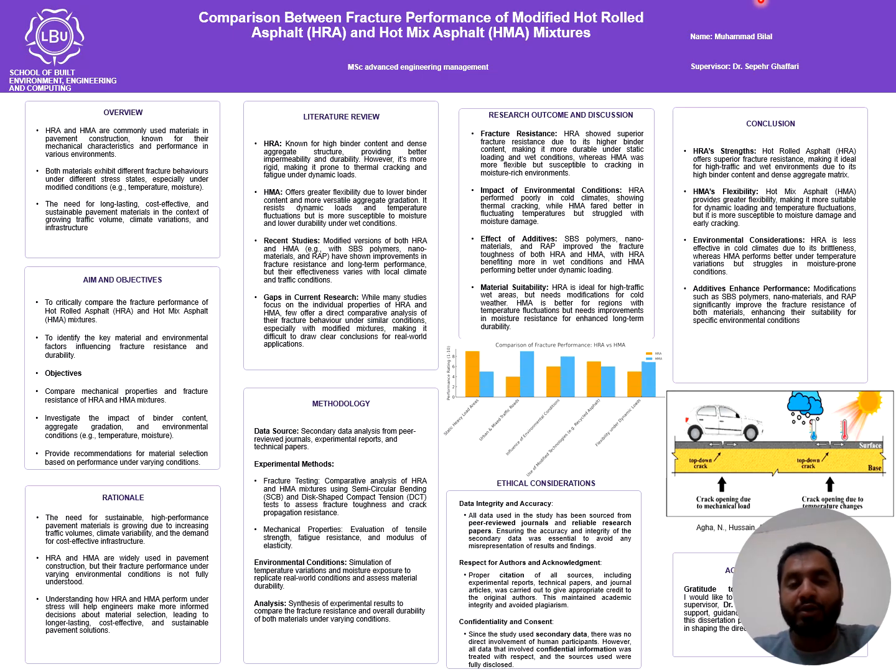All sources, including journals, reports, and technical papers, were properly cited to respect the original authors and maintain academic integrity. Finally, since only secondary data was used, there was no direct involvement of human participants. Any confidential information was treated with respect and all sources were fully disclosed.